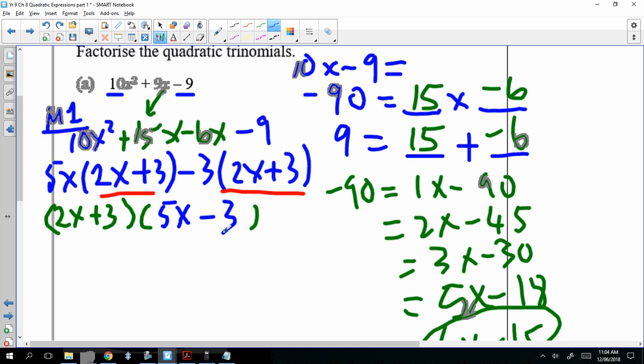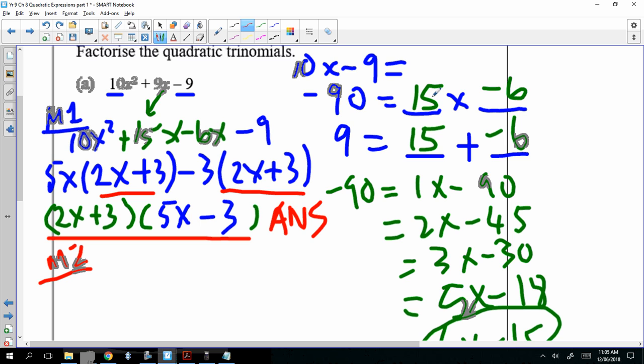I'll do method 2. Well, there's a common factor between 10x squared and 15x. 5x is common, right? 5x times 2x is 10x squared, and 5x times 3 is 15x. The 15x and negative 6x were split from the 9x.